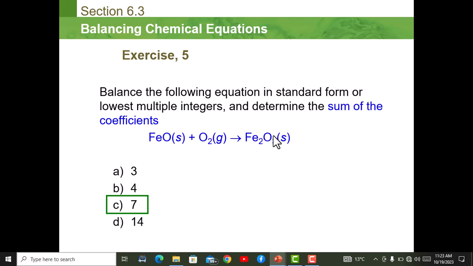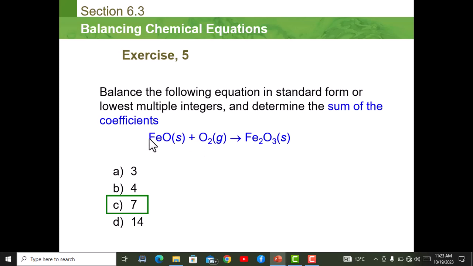Now that I have 6 oxygens, I need to balance this side. I have 1 and 2, which is 3. I want to have 6. And if I put a 2 here, I will have 2 plus 2, which is 4. And when I put a 2 here, I will have 4 plus 2, which is 6.